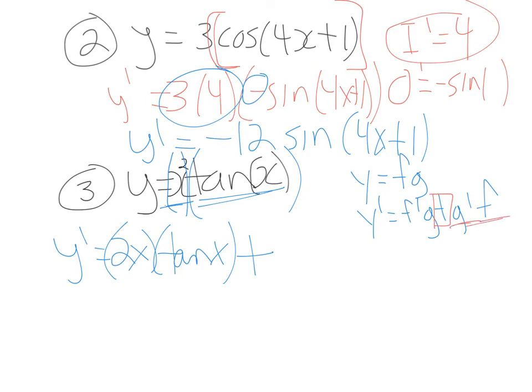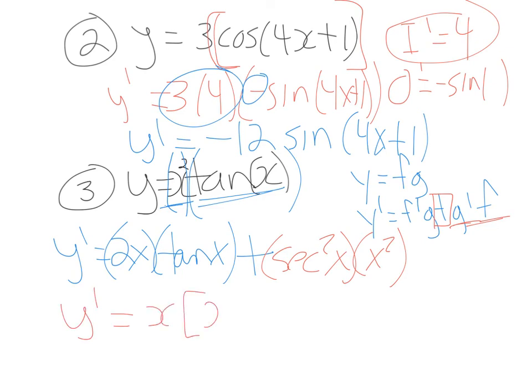So the derivative of the second, the derivative of tan x, is sec squared x multiplied by x squared. Okay, and I could leave it there, or I can factor out. There's an x there to be factored out, so I can factor out the x, and I'm going to be left with x times 2 tan x plus x sec squared x, and I'm done.